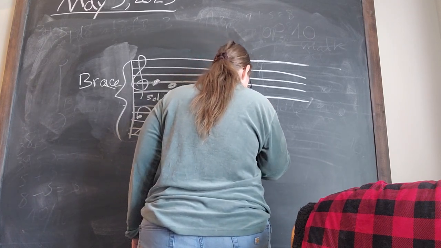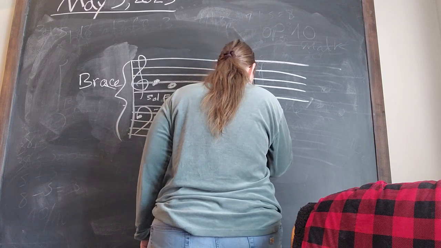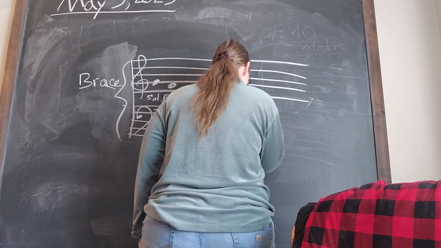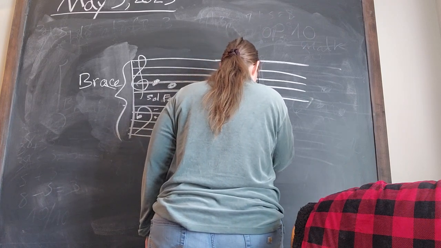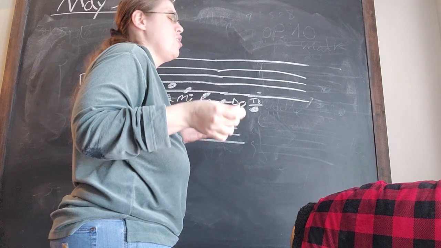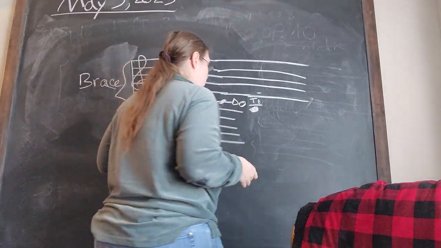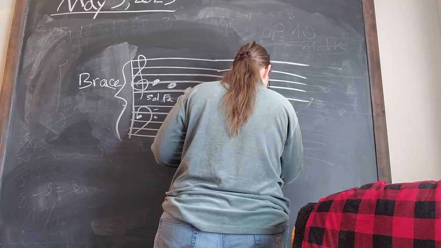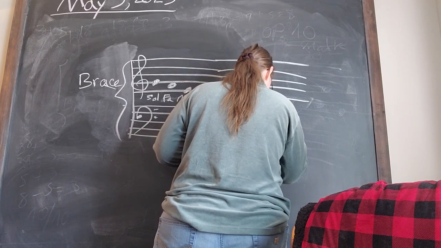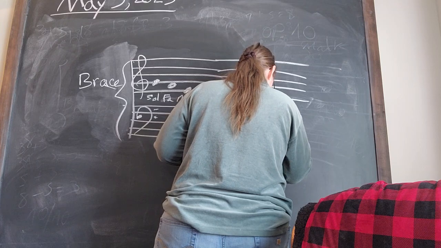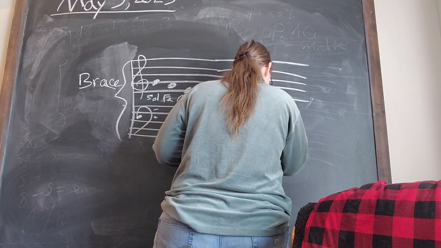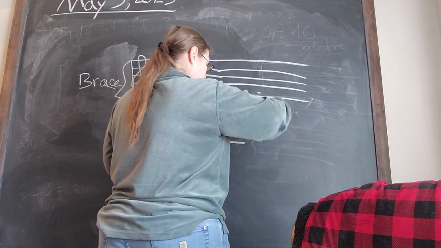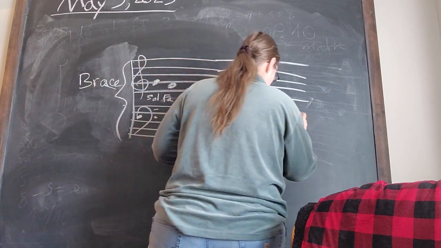If we wanted to continue, we would draw another line and write the pitch below that line. And this would be Ti, or B. And if we wanted to continue, we just continue adding lines. And this one here would be La or A, and it would just continue.